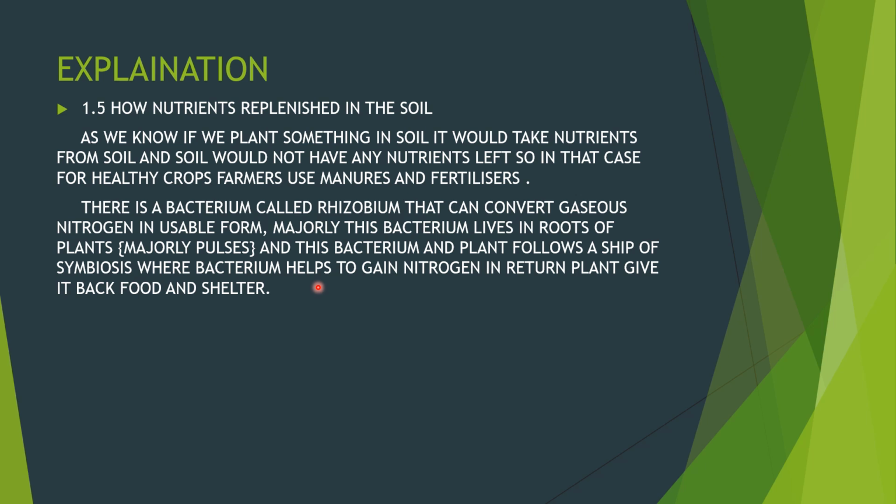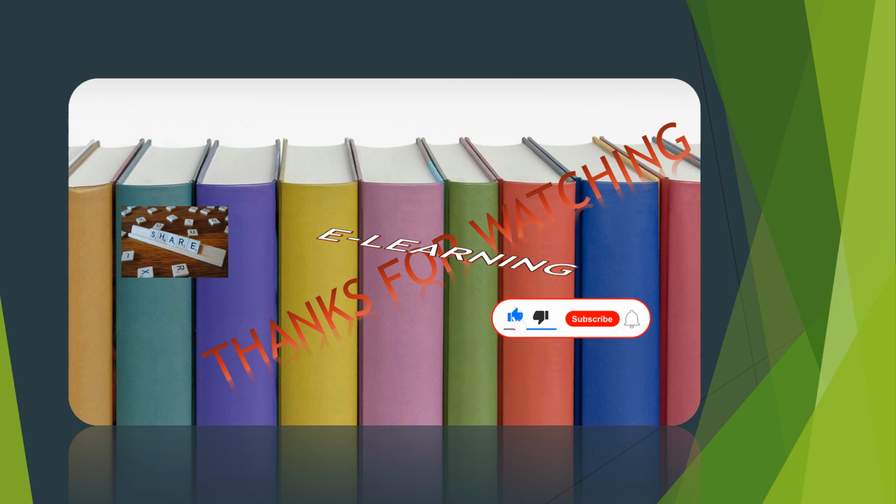It converts the gaseous nitrogen into a usable form so the plant can use it, and in the same manner the plant helps the bacteria with food and shelter in the soil. So here our video ends, this topic ends.